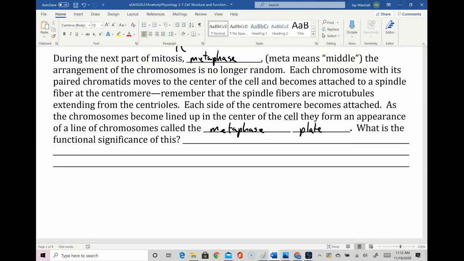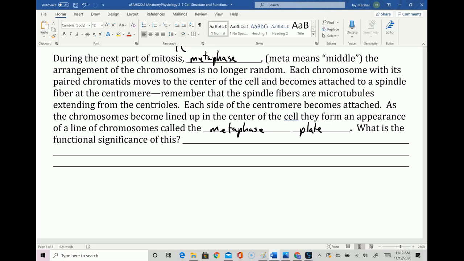And this is so important. What does lining the chromosomes up in the middle of the cell like this assure is going to happen? Okay, a little more specific than that. Yeah, I only have one chromosome of each pair going into one cell, right?